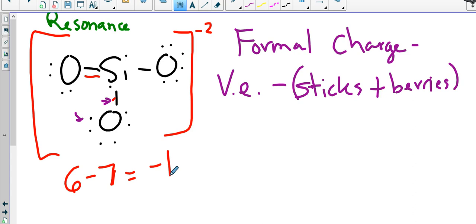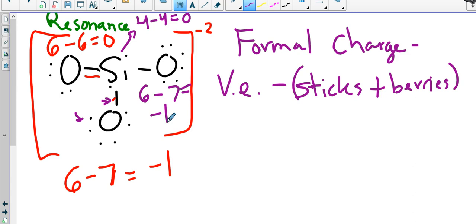So the formal charge on this one, again, the valence electrons are 6, minus 1, 2, 3, 4, 5, 6. That's 0. And the formal charge on silicon is 4 minus 1, 2, 3, 4, so 4 minus 4 is 0. And then the formal charge on this oxygen is 6 minus 1, 2, 3, 4, 5, 6, wait, 1, 2, 3, 4, 5, 6, 7. Just kidding.